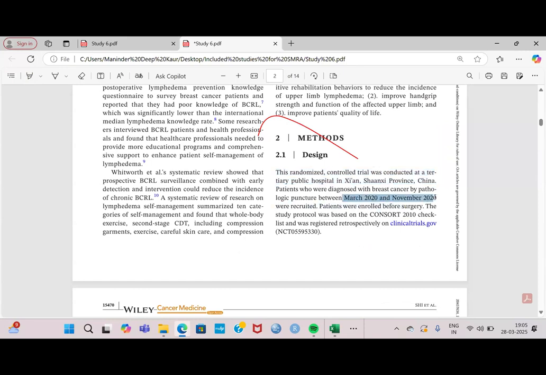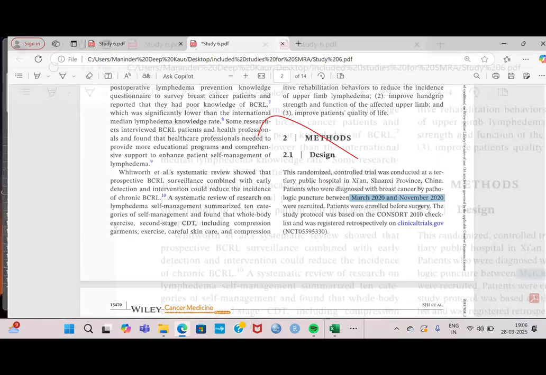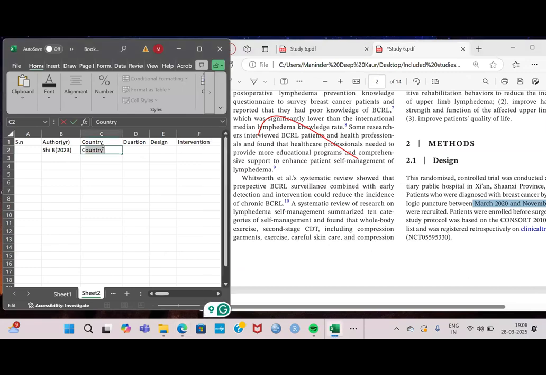They have also given the study duration from March 2020 to November 2020. So how many months are there? Around 9 months. So we will enter in our Excel file: country is China, duration is 9 months, design is RCT.